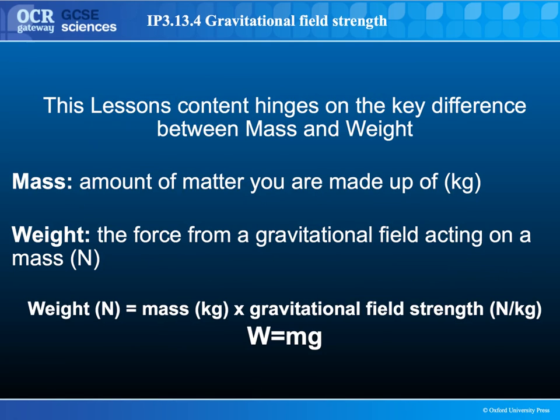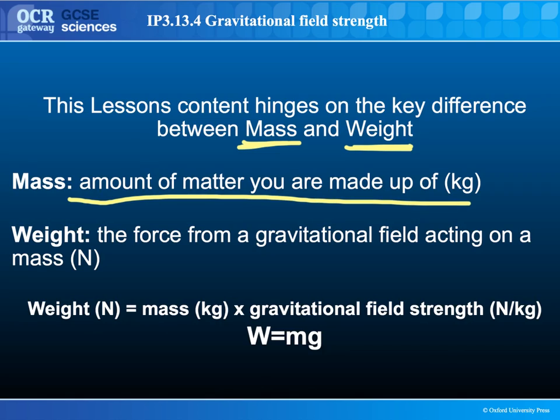Right, the first thing, the really important thing that we need to make completely distinct, is the difference between the ideas of mass and the ideas of weight. Mass is a constant. Mass is how much matter you are made up of, in kilograms. The difficulty is that when we talk about weight, we often talk about kilograms, and that's wrong.